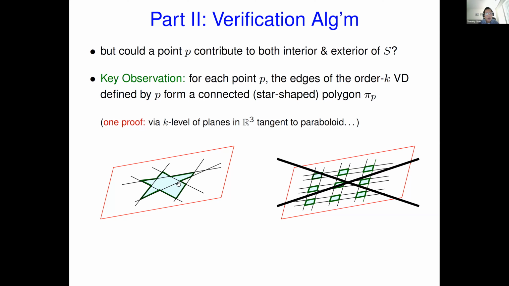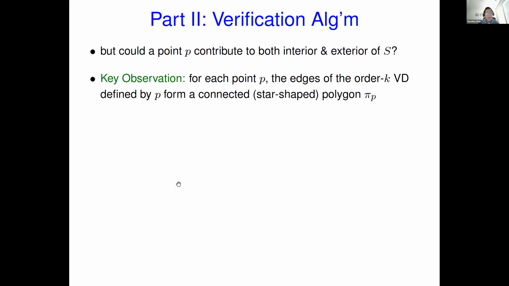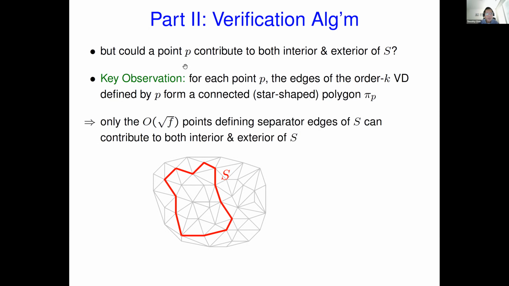Assuming you have this key observation, we can answer our question. For a point there are basically 3 cases. If you look at its polygon, it could intersect the separator, because the point might define one of the separator edges.